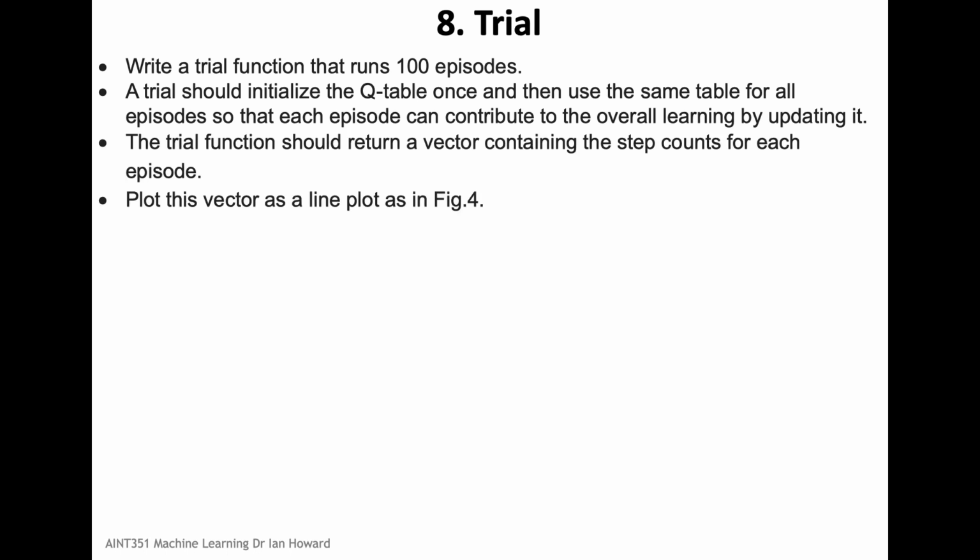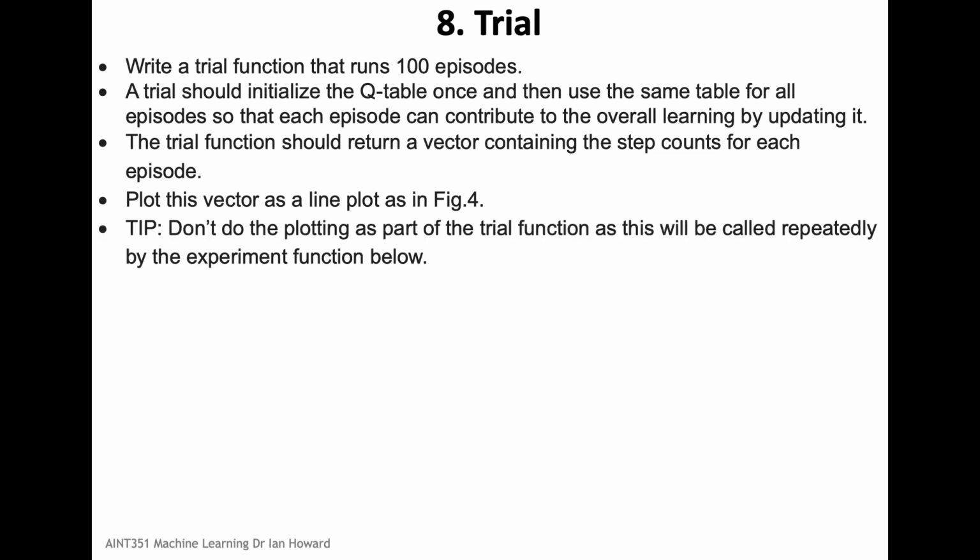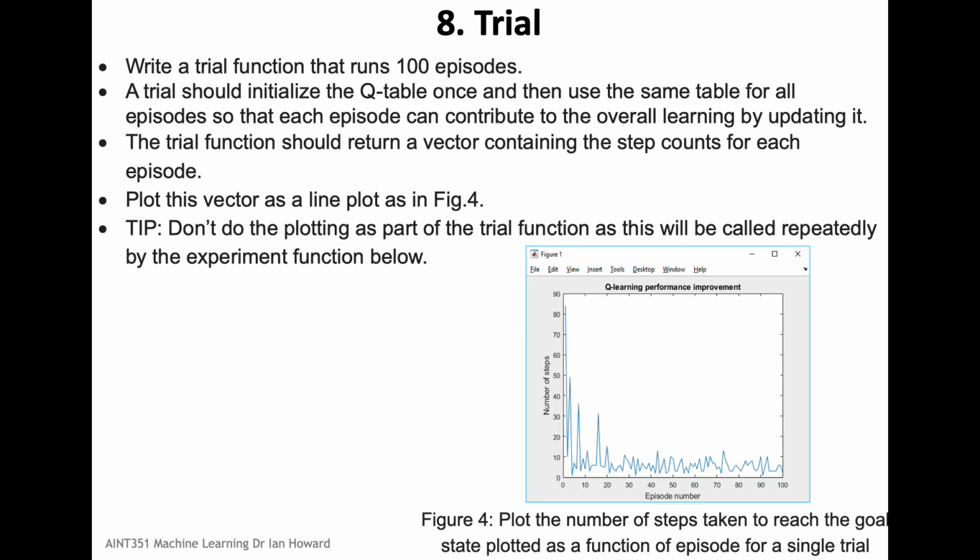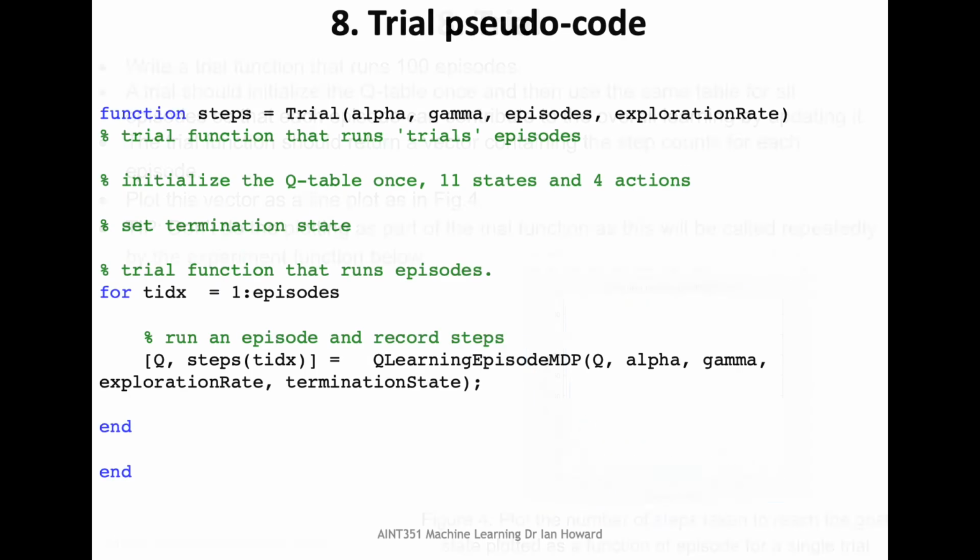And you should also return the steps for each episode as well, so you can plot them out. Okay, so we do need to make sure we plot out the steps, so you can start to see whether or not it's actually learning as we go through the trial.